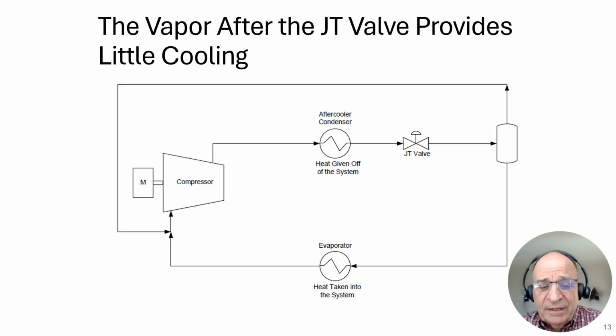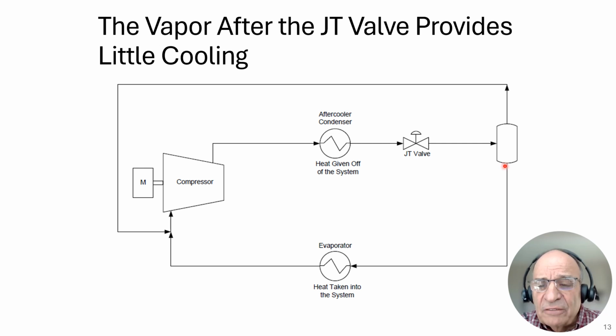So your evaporator needs to be larger, and sending this vapor gives you very little benefit. So it becomes more of an economic question. Do you really want to make a larger evaporator to handle that extra vapor that's going to be coming through? Now, eventually, this evaporator will be handling vapor because even with 100% liquid coming in, you're going to end up extracting heat from your cabin of your car, and that heat is going to boil off this liquid until it's 100% vapor here.